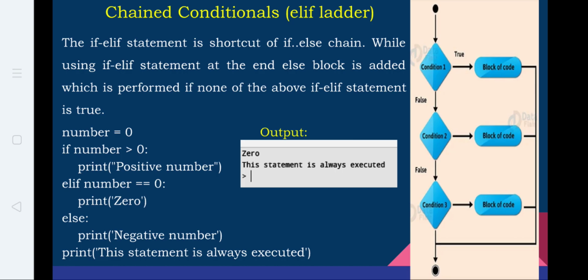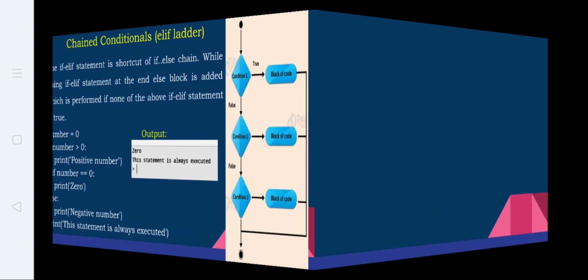If that third condition is true, it will again execute something and go to the point before the end of the loop. Now after all this checking is over, there is another statement after the end of the if scope. Here the example is the print, this statement is always executed. So this is how the else if ladder works.